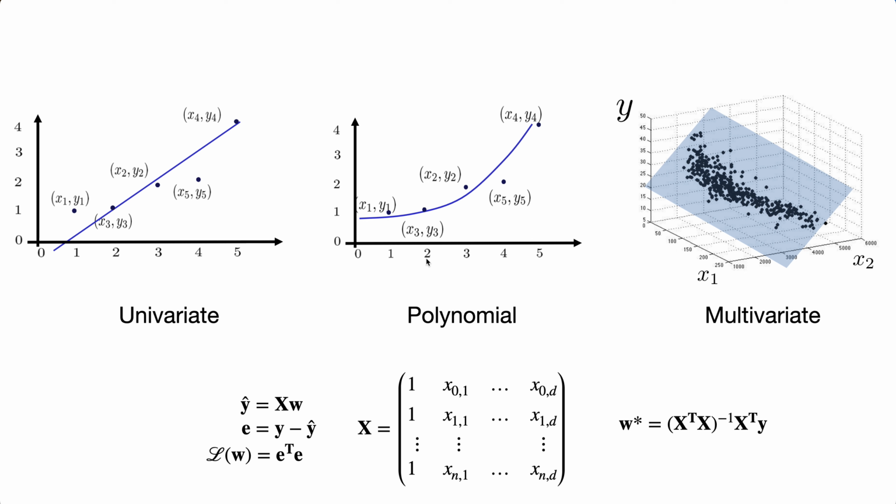And we can use exactly the same math, just like we've been talking about, to fit either a univariate model with just one x, or a slightly more general case where you have multiple x's and you're fitting y in a multidimensional space.